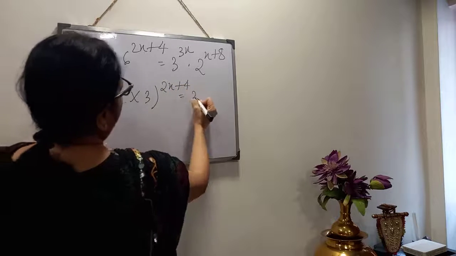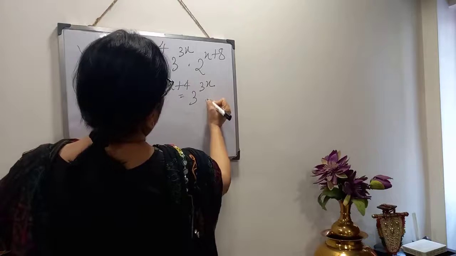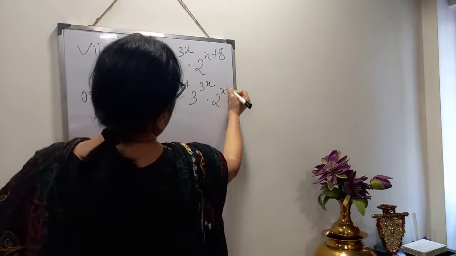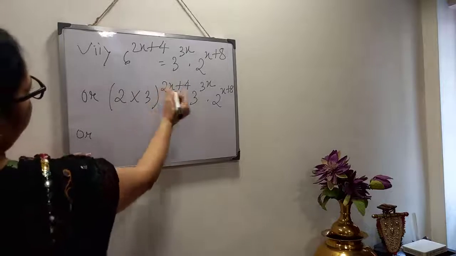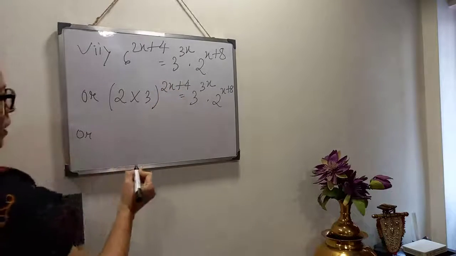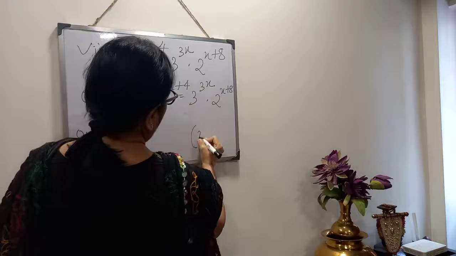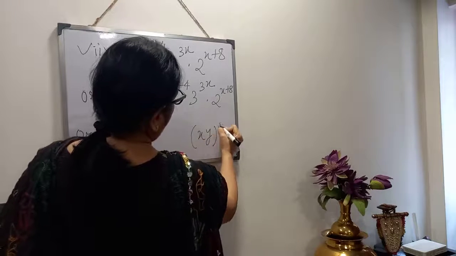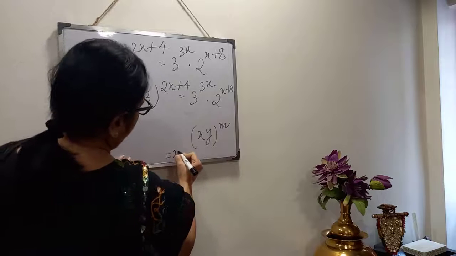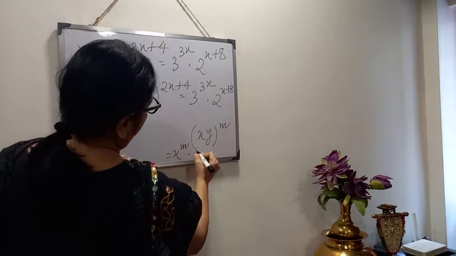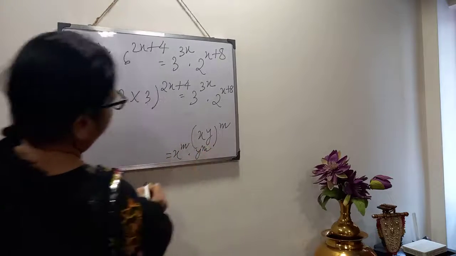And right hand side, this. Next, we'll separate. Power is this. By that rule, you have seen that there is one rule, xy to the power m equals x to the power m into y to the power m.